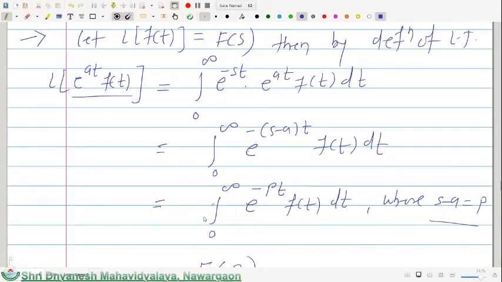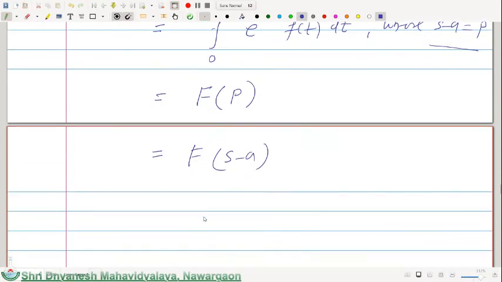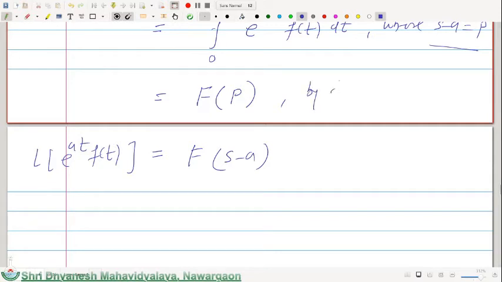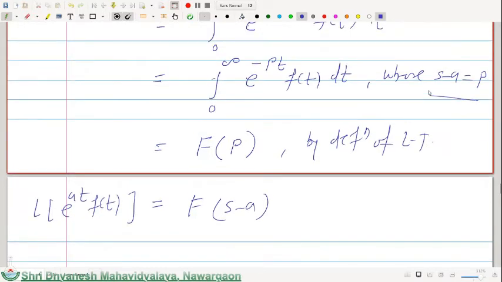So Laplace transform of e to the power at f of t, we have f of s minus a. You can write here the reason as by definition of Laplace transform.